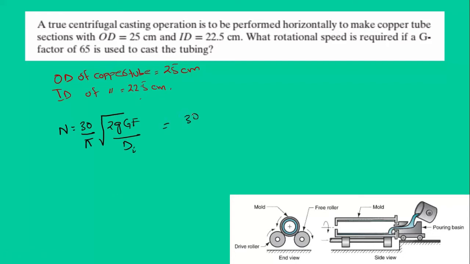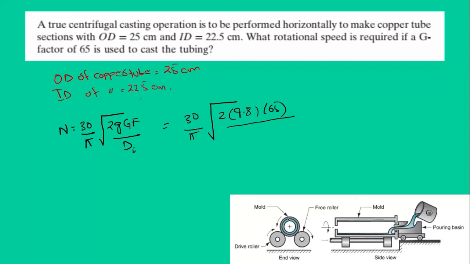We have 30 by pi under root 2 into 9.8. It says the GF should be 65.